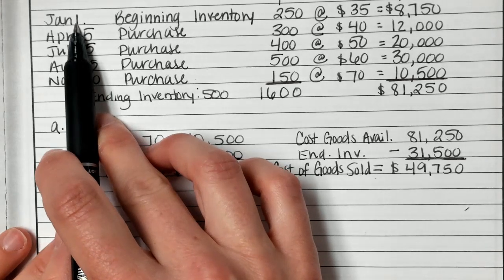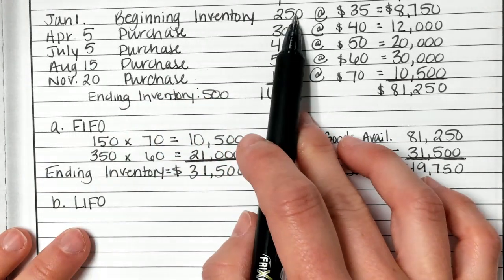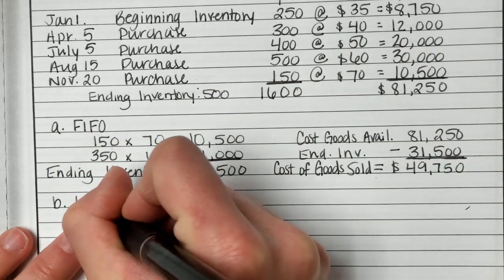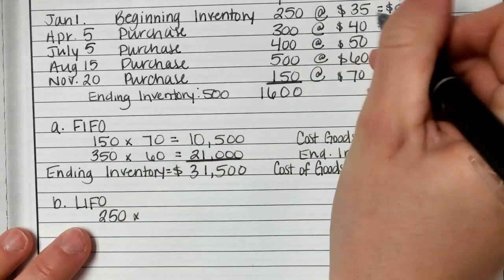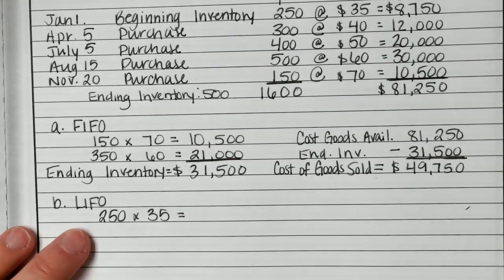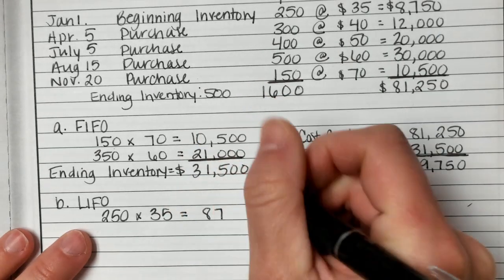So our oldest purchase was January, so we have 250 units we can take from the January price, which was $35 a piece, which brings us to $87.50.